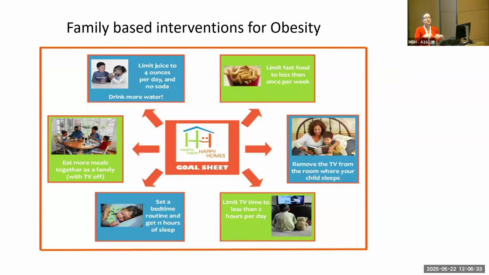The goals can be to actually change the structure of a lot of family dynamics: eating meals together, limiting fast food, removing even TVs from certain areas of the home. So many of the prevention approaches for obesity tend to be family-based.